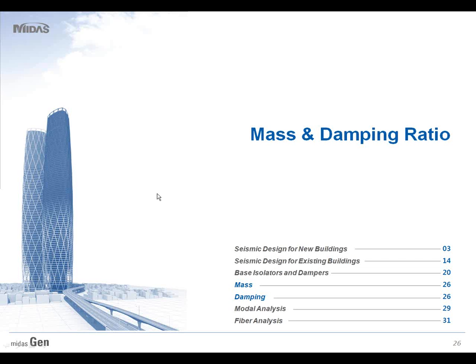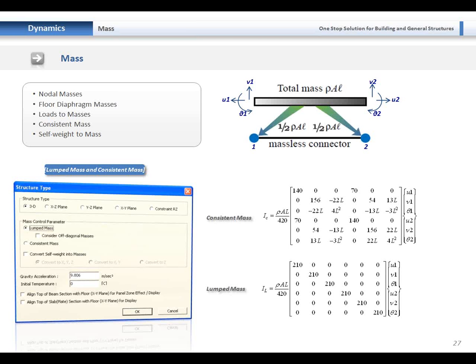Okay, let's move to the mass and damping ratio. Midas provides various functions to define the mass. For the mass, we provide the nodal mass, floor diaphragm mass, load to mass, consistent mass, and self-weight to mass. Generally, if we go to the structure type dialog box, we can select between the lumped mass and consistent mass.